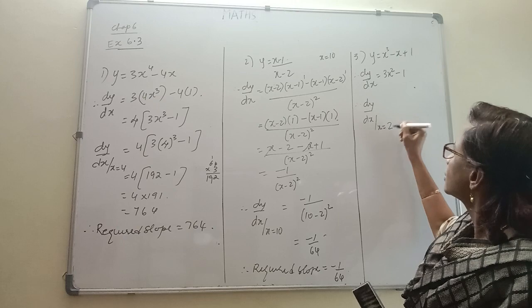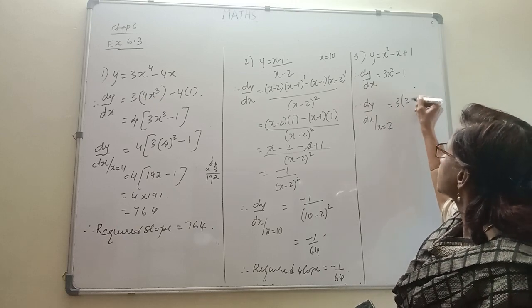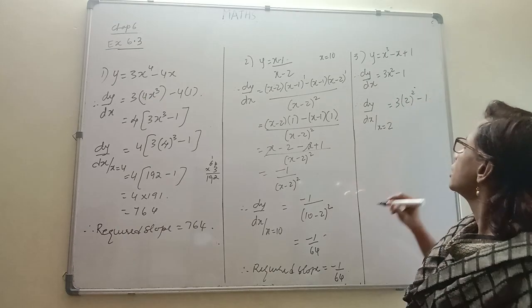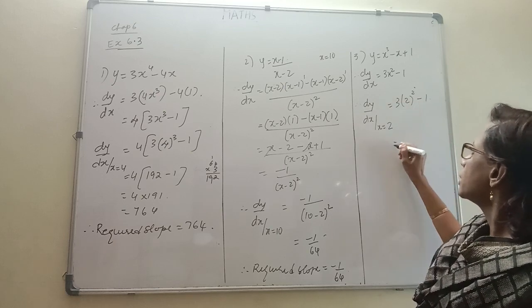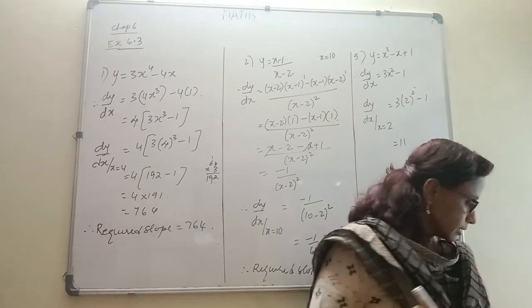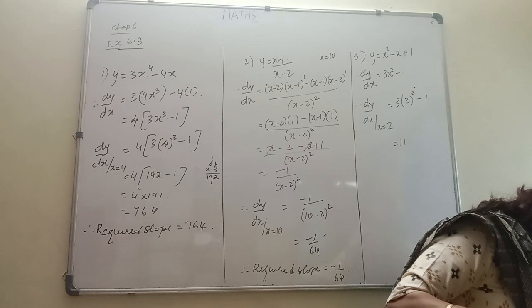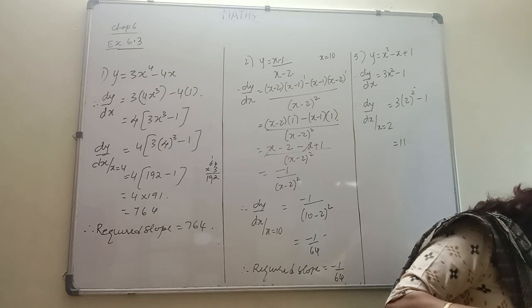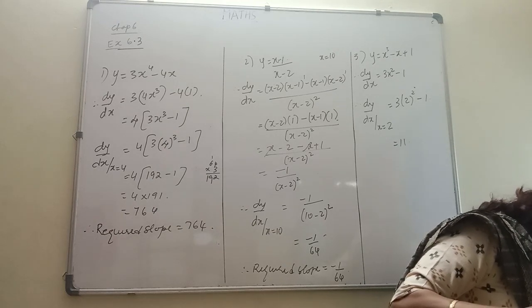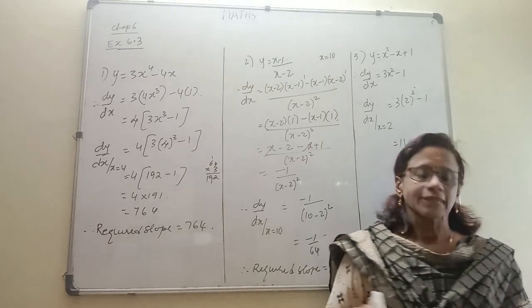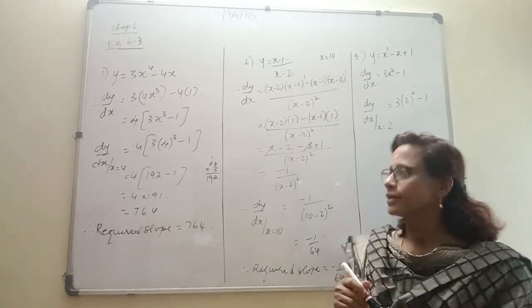So 3 times 2 squared minus 1. 2 2s are 4, 4 3s are 12, minus 1 is 11. That's it.